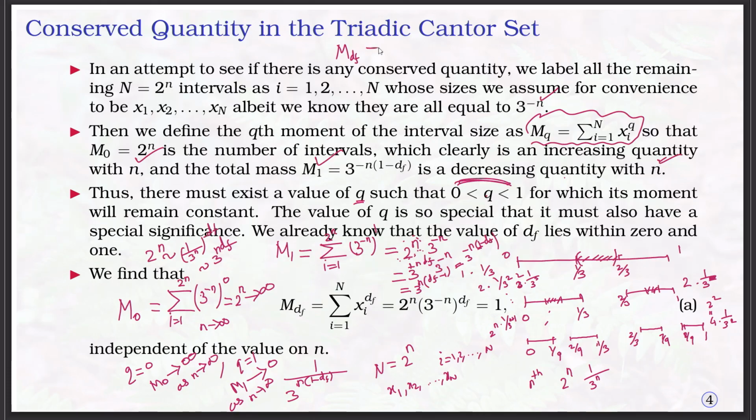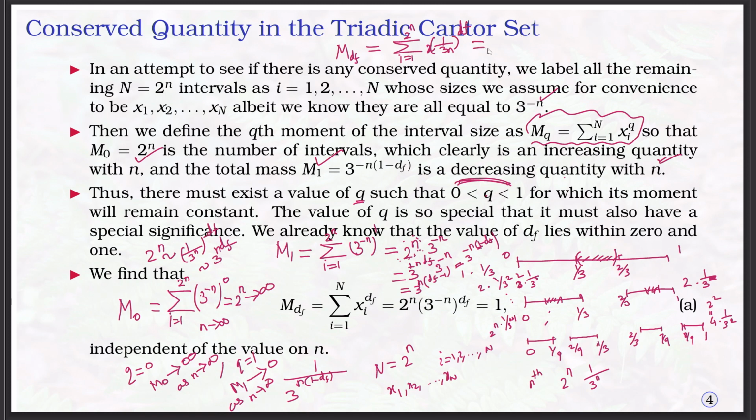If you are applying this moment, then the summation i equal to 1 to 2 power n, because the size of the interval is 2 power n, x_i, the mass of each interval is 1 by 3 power n df, which is equal to a constant.